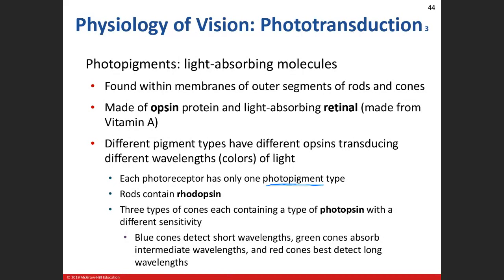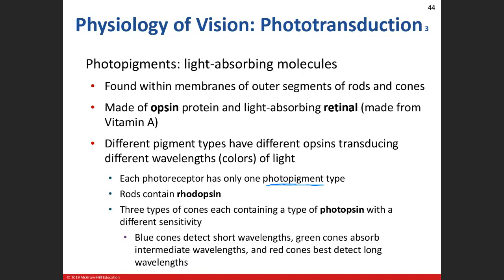You have a specific photopigment for the blue wavelength. So blue wavelengths can't affect red cones. See what I'm saying? It's specific. That's how your brain knows. Whatever cone is activated, that means that's that color. So keep that in mind.